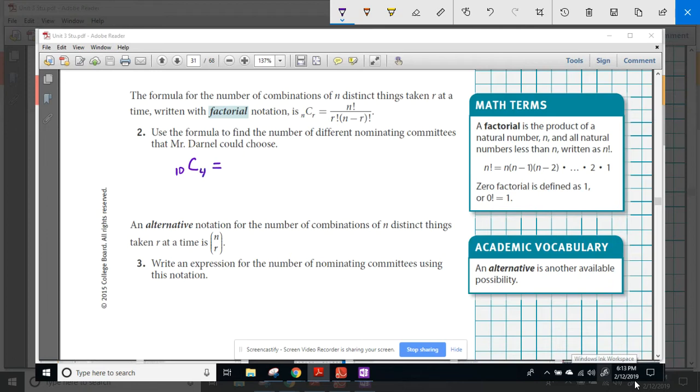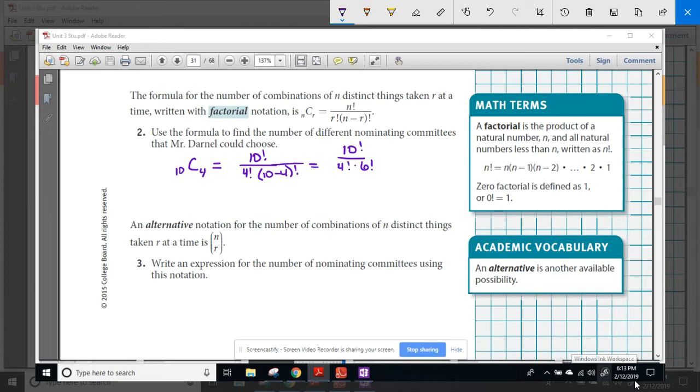So the number in front is the N, so 10 factorial goes on top. R factorial goes on bottom. And then 10 minus 4 factorial also goes on bottom. So what this really is, is 10 factorial over 4 factorial times 6 factorial. Where did the 6 come from?